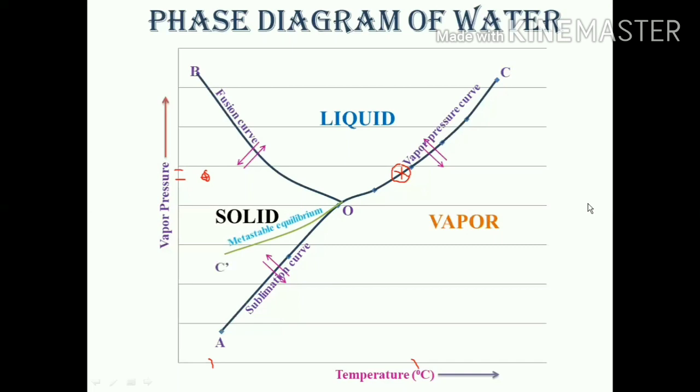So the curve OC dash represents the metastable equilibrium. Remember, it is not an extra curve, but only an extrapolated and extended portion of the curve CO. We do not have any different curve over here. It is just the extrapolation of the curve CO, and it is called metastable equilibrium, right?